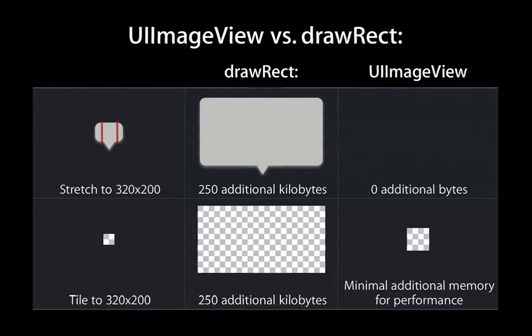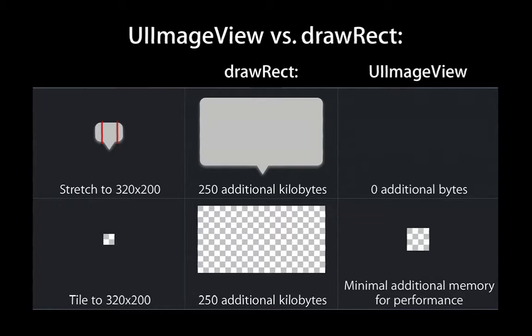So it may actually pre-tile a little bit to get a slightly larger initial tiled version, but then it will let the graphics hardware do the final tiling to fill the entire screen. So it might incur a small amount of extra memory overhead, but it will be much less than if you did it yourself using drawRect.